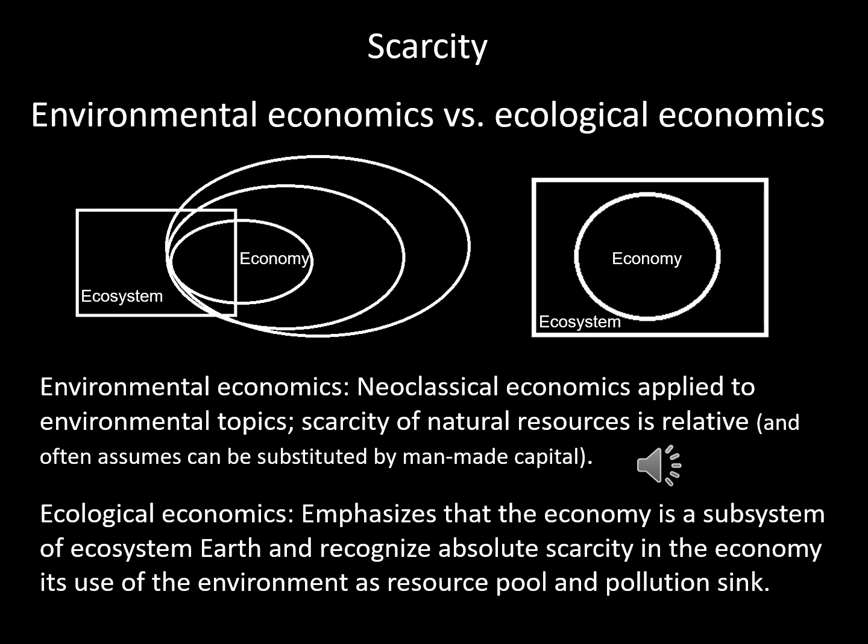Yet the focus on relative scarcity also led many economists to believe that we can grow our economies indefinitely. This view is very much contested by ecological economists that emphasize that the economy is a subsystem of our global ecosystem and recognizes the absolute scarcity of the environment to serve as a resource pool and pollution sink. Even though this course is entitled Environmental Economics, as mentioned, we will go into ecological economics as well.